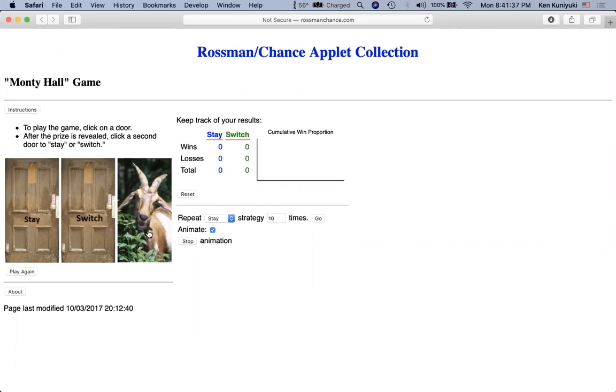So the host is showing me door number three, and he's not going to show me the money, right? I mean, there's no way he's going to open the door and say, oh, hey, here's the money, because I'll just run after the money, right? So here, he can only show a door with the goat, and then he gives me a choice. Do I want to stay on my current door or switch to the other unopened door? So the thing is, I can only choose among the unopened doors. The host will never show you the money, right?